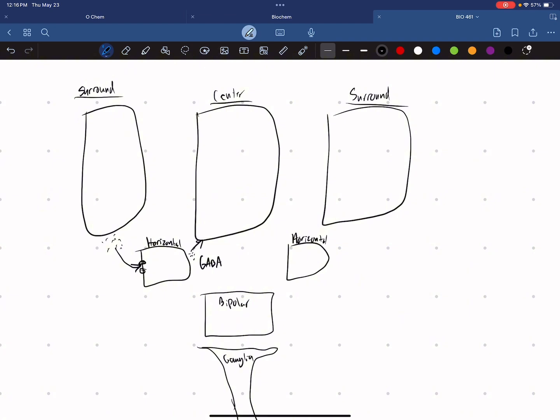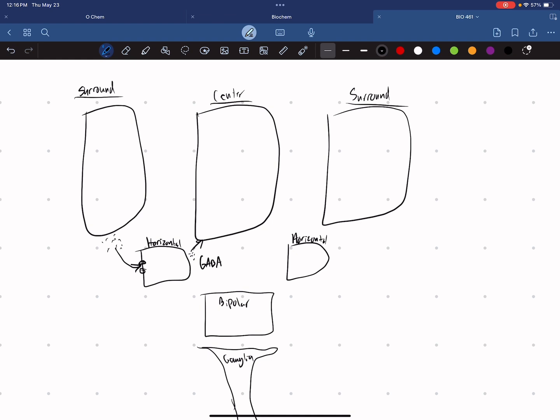So we know that less glutamate is what happens when there is more light. So when there's more glutamate, that's what happens when it's dark. So this GABA will help inhibit the release of glutamate from this center cell.